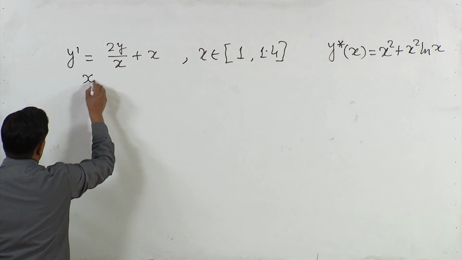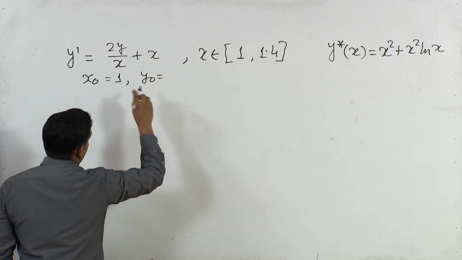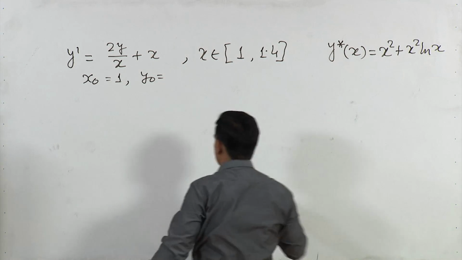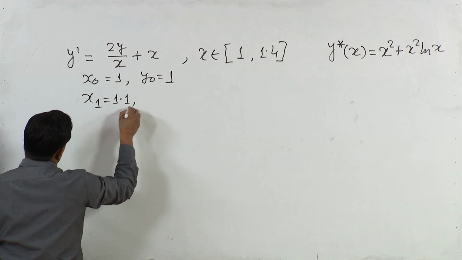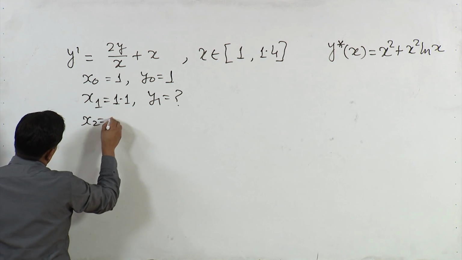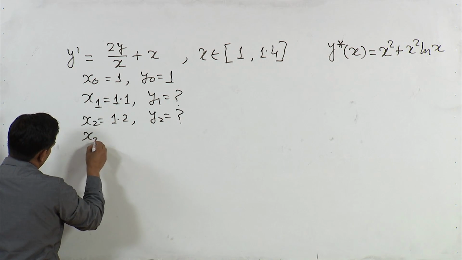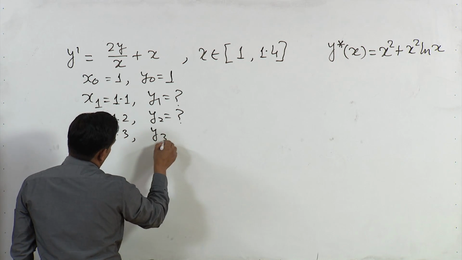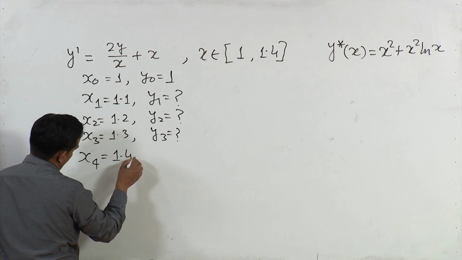Here x0 is 1, so y0, from the exact solution, when x is 1, y will become 1. x1 is 1.1, y1 I need to calculate, x2 is 1.2, y2 I need to calculate, x3 is 1.3, y3 I need to calculate, and likewise y4 at x4, that is 1.4.